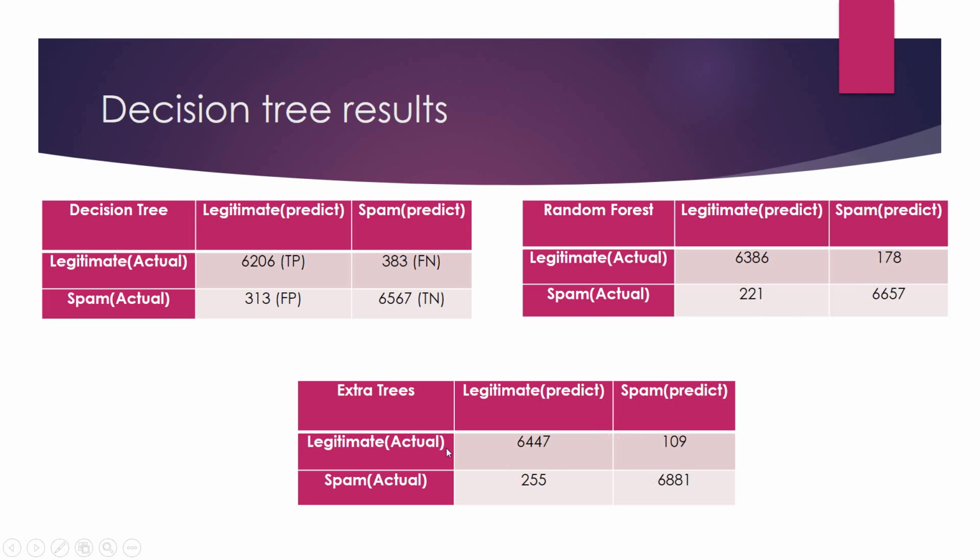Our primary focus is on the false negatives, where a legitimate email is wrongly predicted as a spam email. So we can say that the extra trees classifier performs best among the decision tree classifiers.